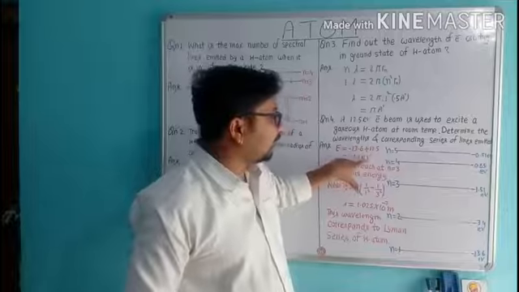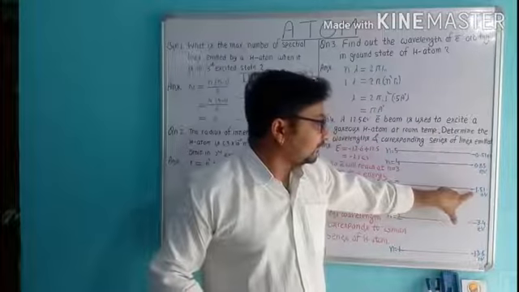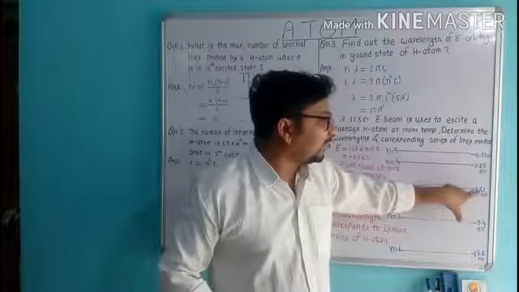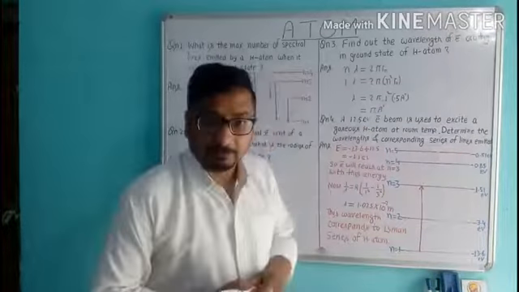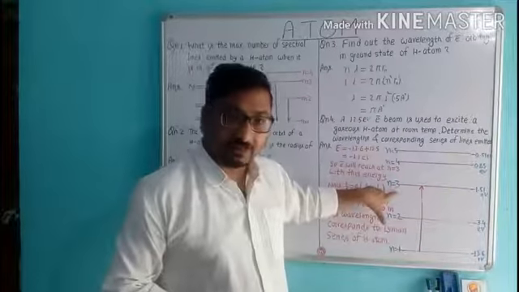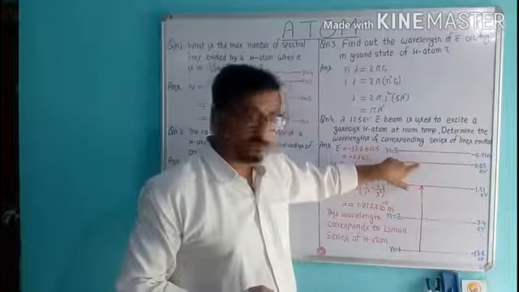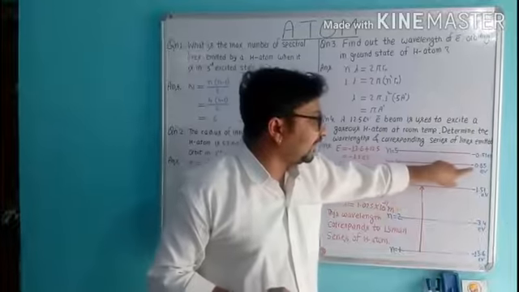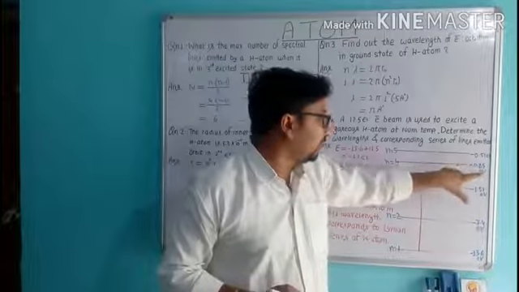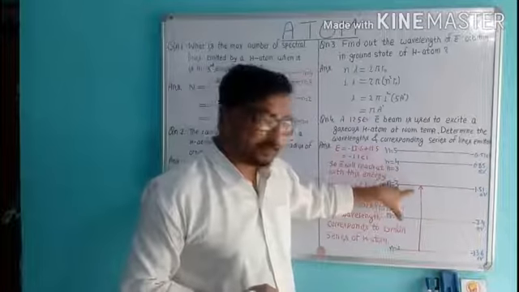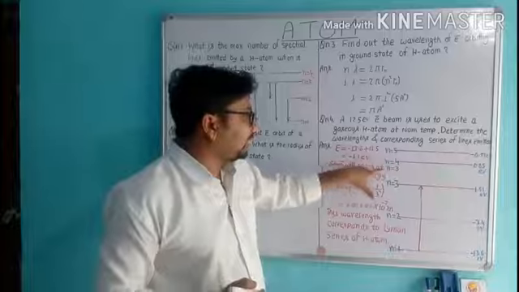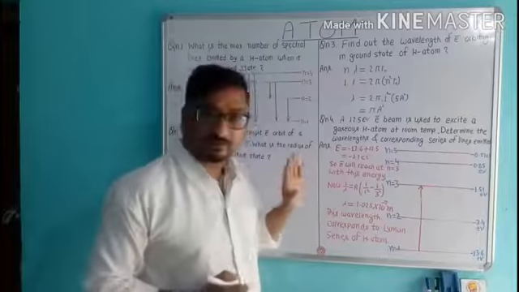Since minus 1.1 electron volt is greater than minus 1.51 electron volt but less than minus 0.85 electron volt, it goes from here to here, not above, because to reach the fourth level it needs energy minus 0.85 electron volt, but this energy is not sufficient. This energy takes it to n is equal to 3. So the electron will reach n is equal to 3 with this energy.